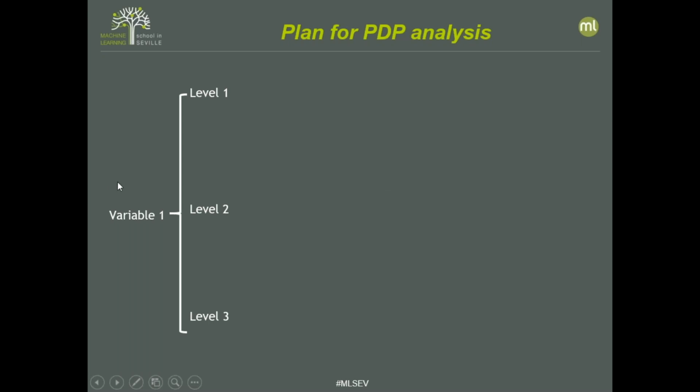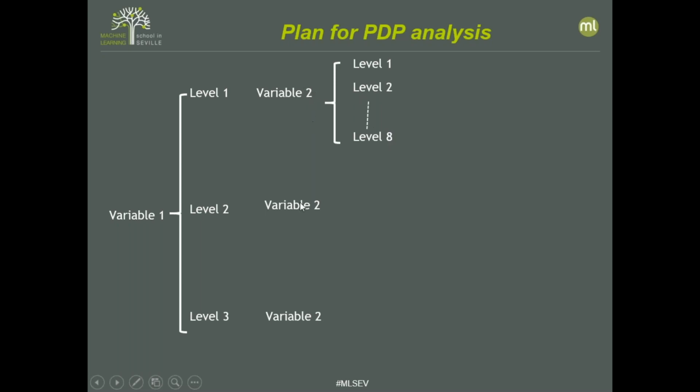We focus our analysis on several variables and establish different levels for each one. Let's talk about variable 1. We establish levels 1, 2, and 3 for it. And for every level, we choose a variable 2 with 8 levels of variation.